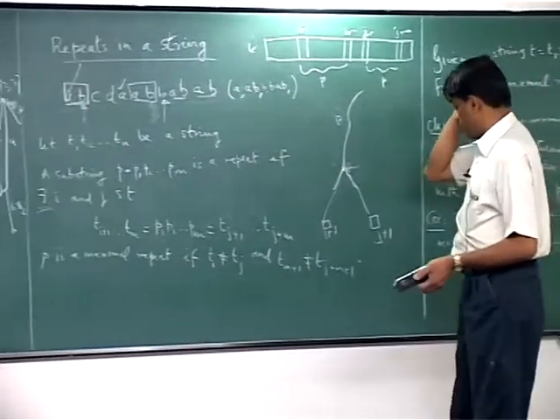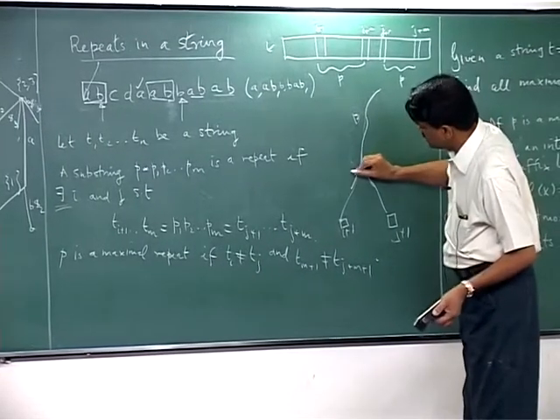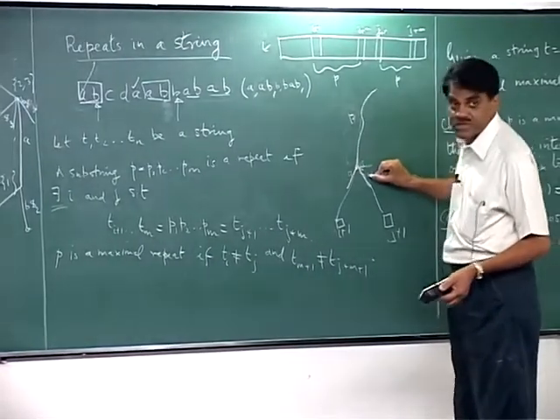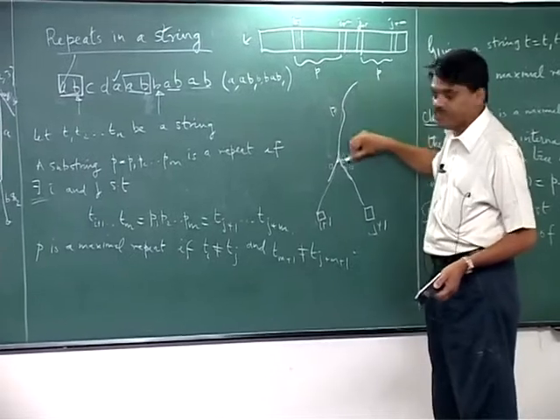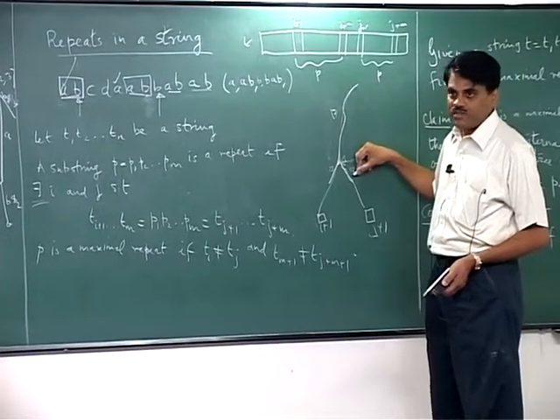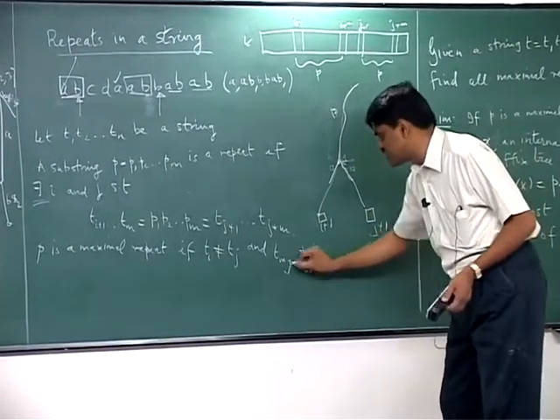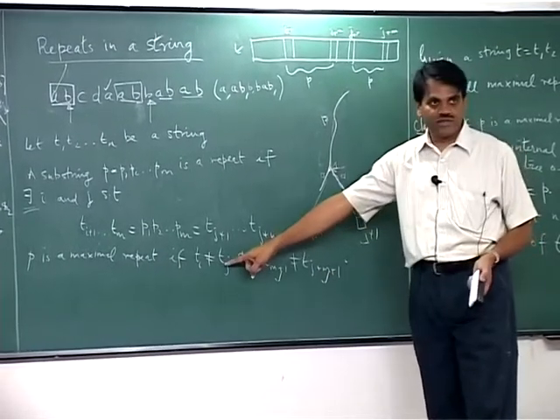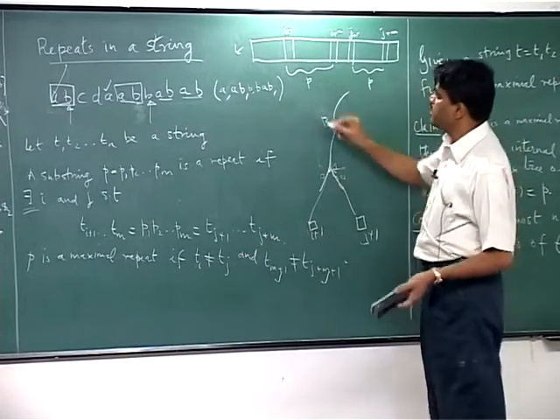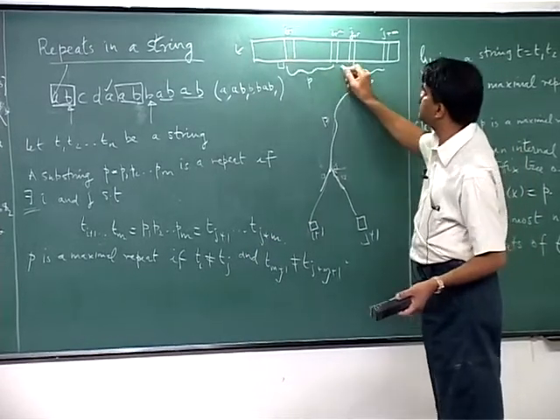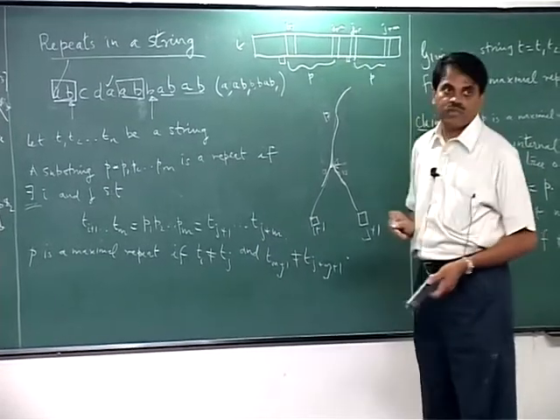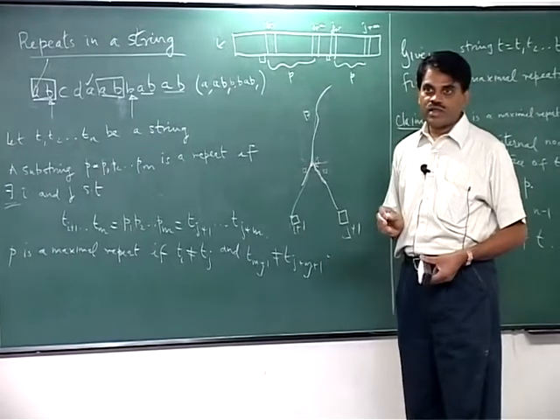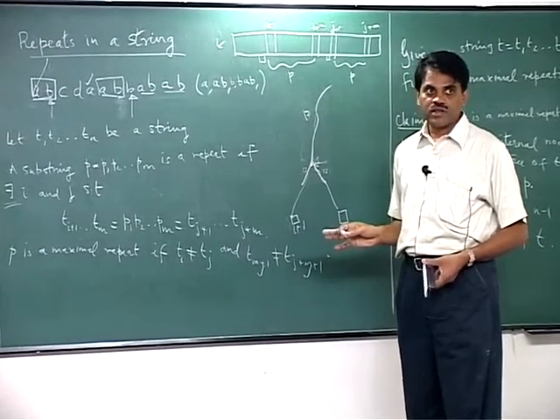So you are saying, good point, that since these two symbols are different, the starting symbols are different, I can't extend P. That only verifies this condition. I also need this. See, what if this symbol and this symbol are the same? Then it's not a maximal repeat.